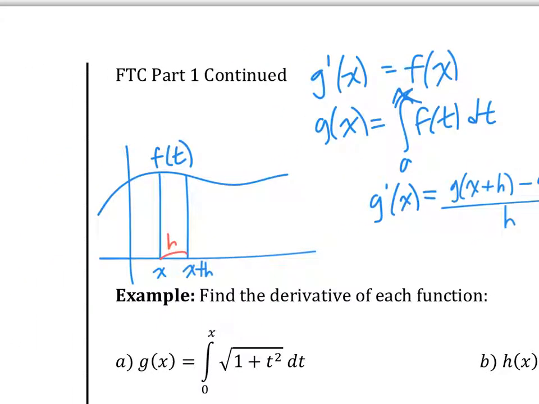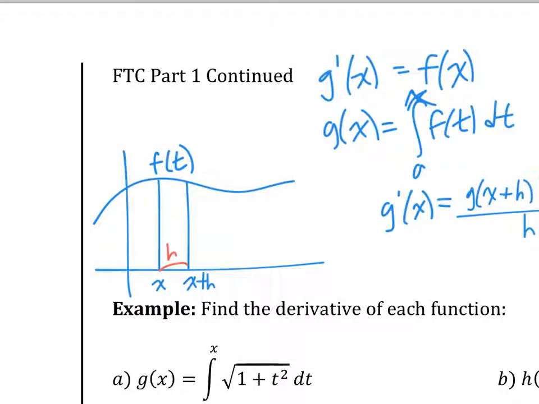Now let's see what happens. G of x plus h. What is g of x plus h on this graph? What is g of x actually? Is it the curve? Is it the area underneath the curve? Or is it the slope of the curve? What is g of x? Not the point.